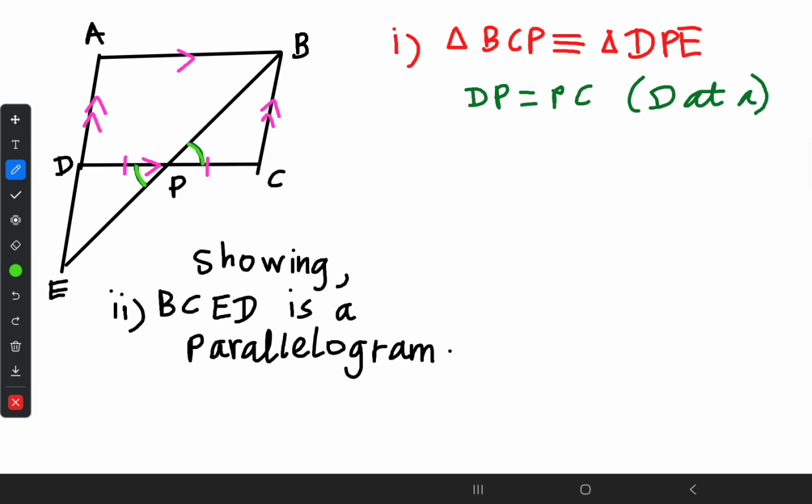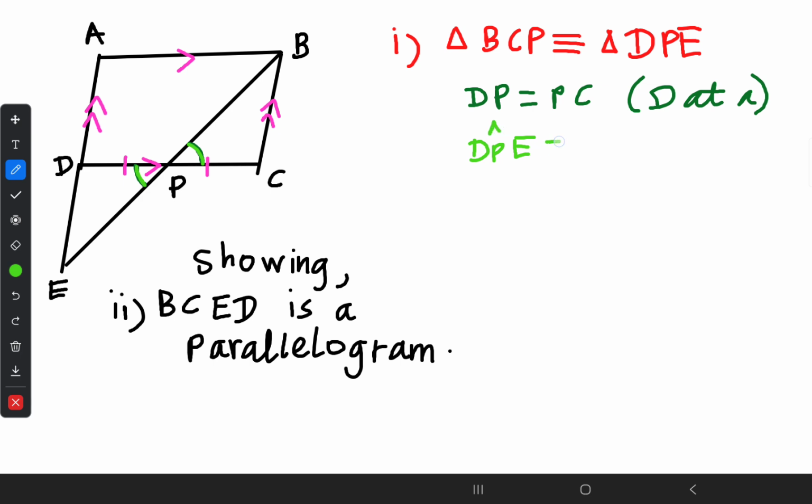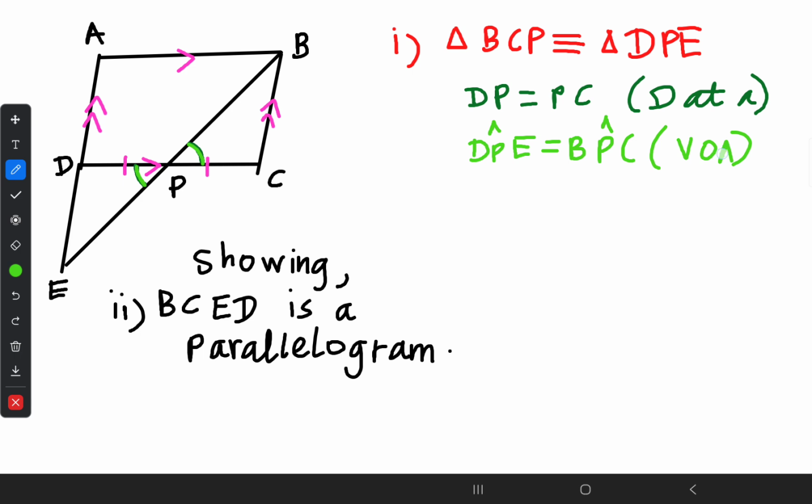We can write that one: angle DPE equals angle BPC. Why? Vertically opposite angles. You should write that in expanded manner.